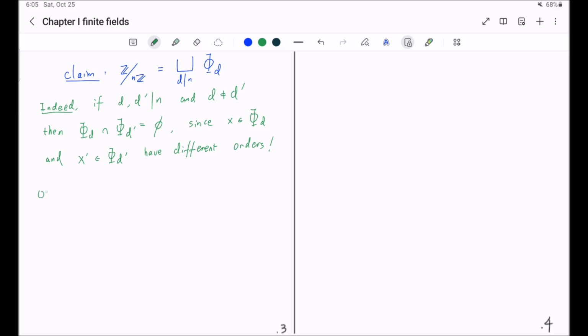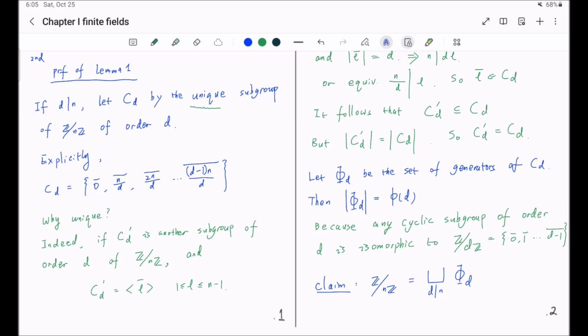On the other hand, for any element X in Z mod nZ, by group theory, the order of X must divide n, and X must be in the cyclic subgroup of the order of X. Remember, at the beginning, I explained to you that this is a unique subgroup of order d.